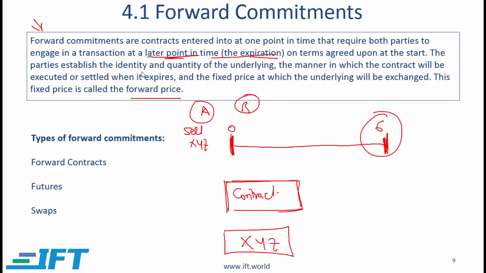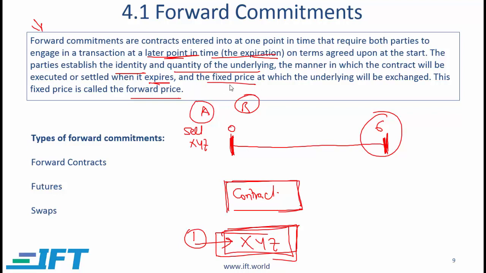The parties establish the identity and quantity of the underlying. Identity is this stock. Quantity in my example is 1. The manner in which the contract will be executed or settled when it expires: the contract will also say whether the selling party needs to physically deliver this particular item or whether the settlement here will be in cash. And this is something that we'll see in more detail later.